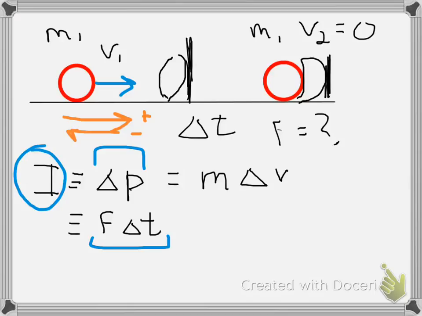So all that negative sign is saying is that if you're going to slow this, or change the velocity that's going to the right, you're going to have to apply a force to the left. That's all that negative sign is saying. Just like if you're going to change the momentum that was originally to the right, and stop that, you've got to apply an impulse to the left.